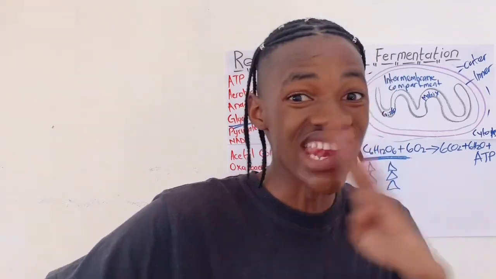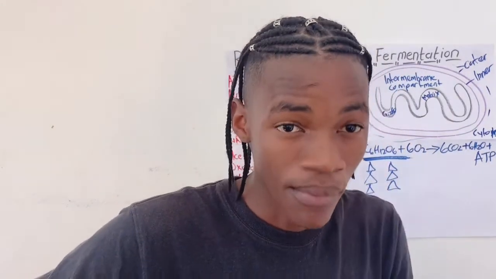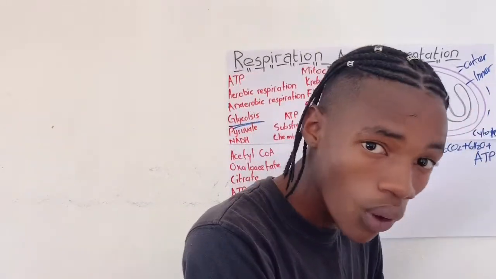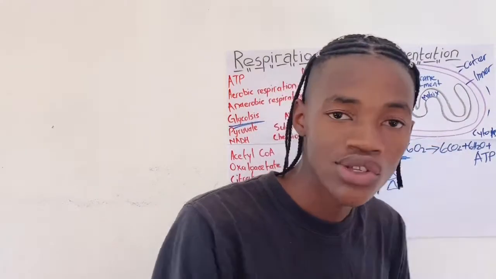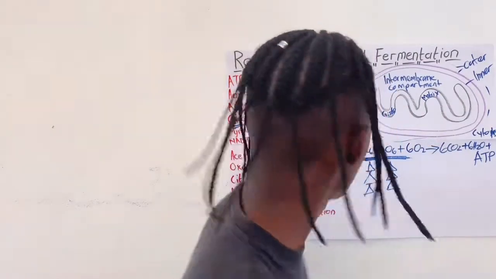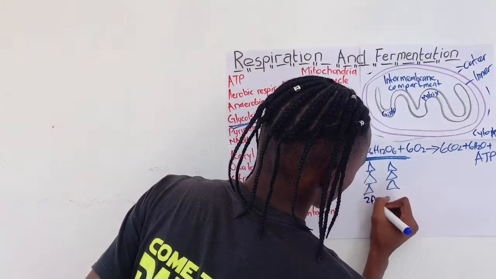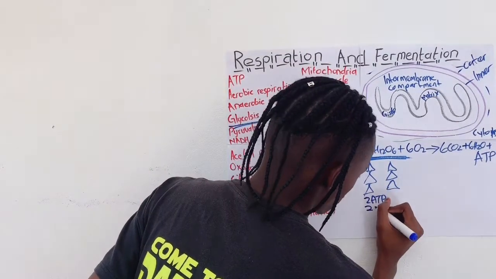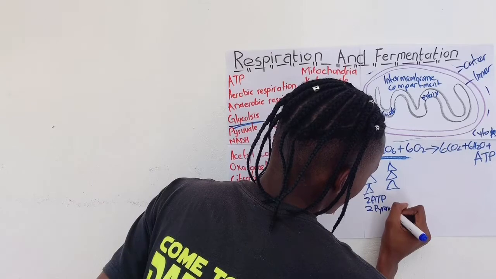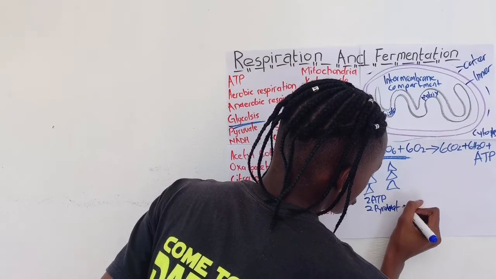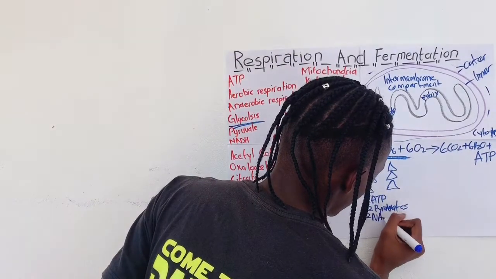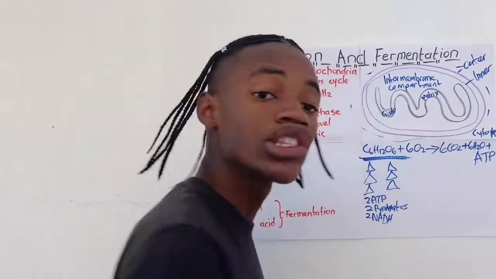So the net overall is 2 molecules of ATP, because it made 4 but used 2, and 4 minus 2 is 2. So the net is 2 ATP molecules, 2 pyruvates, and 2 NADH molecules, right?